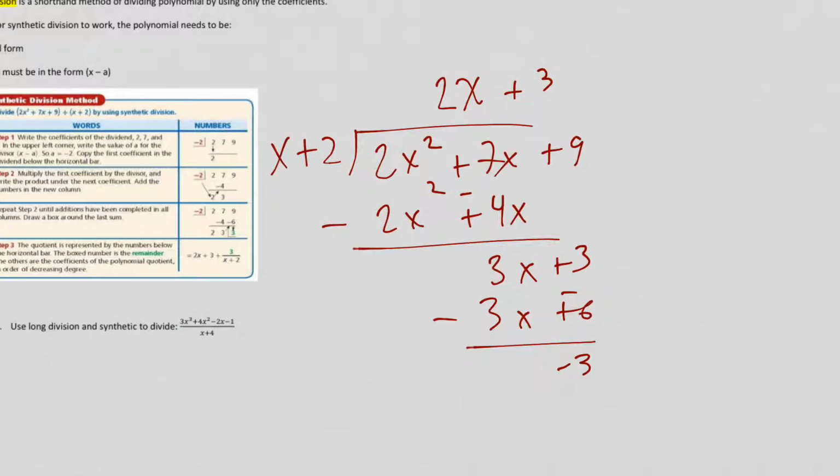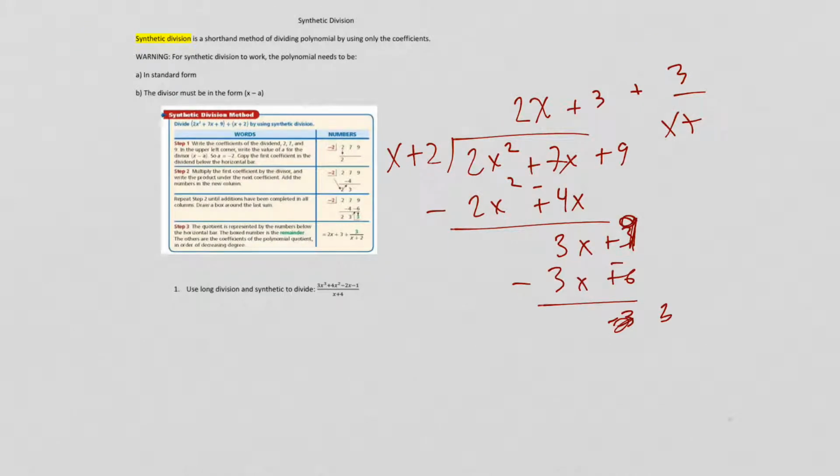And there's your remainder. So you have 2x plus 3 with a remainder of... why is that negative 3? Oh, this should be a 9. I'm sorry, this should be a 9. With a remainder of 3 over x plus 2, which is exactly what we had. But you guys can already tell that synthetic division is going to be much quicker and much easier.